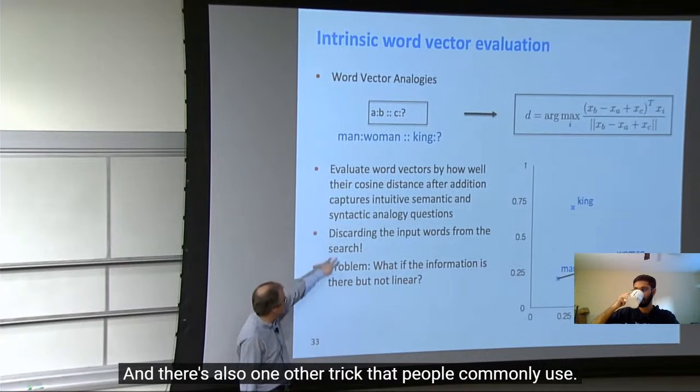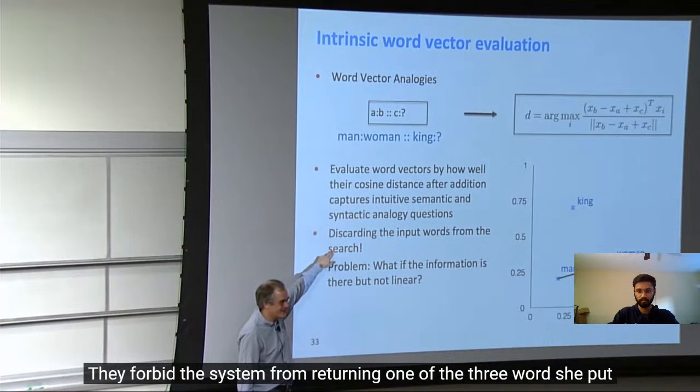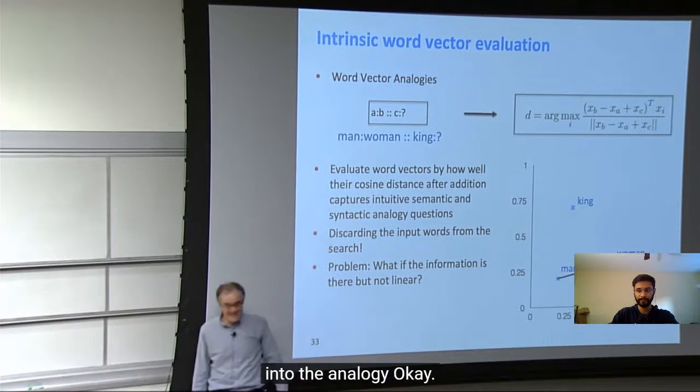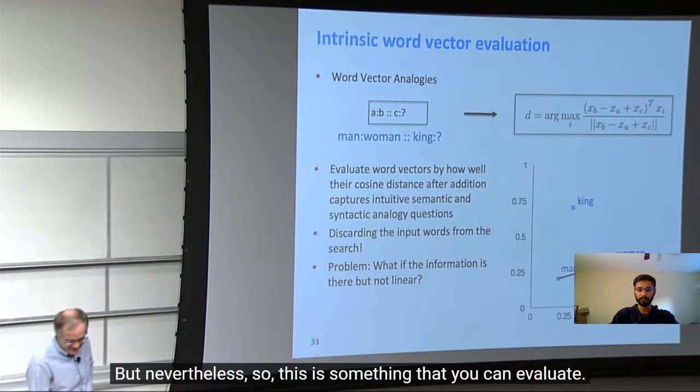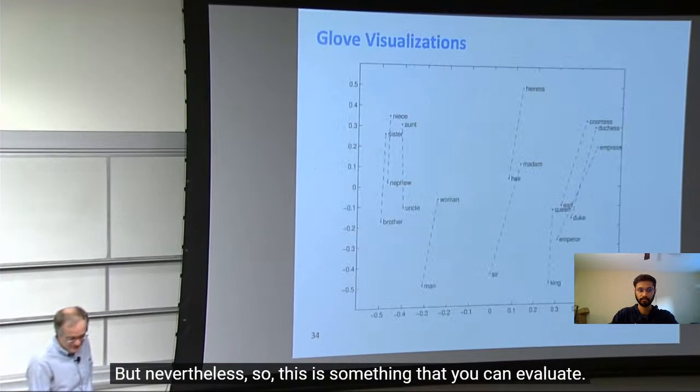And there's also one other trick that people commonly use. They forbid the system from returning one of the three words you put into the analogy. Okay, but nevertheless, this is something that you can evaluate.